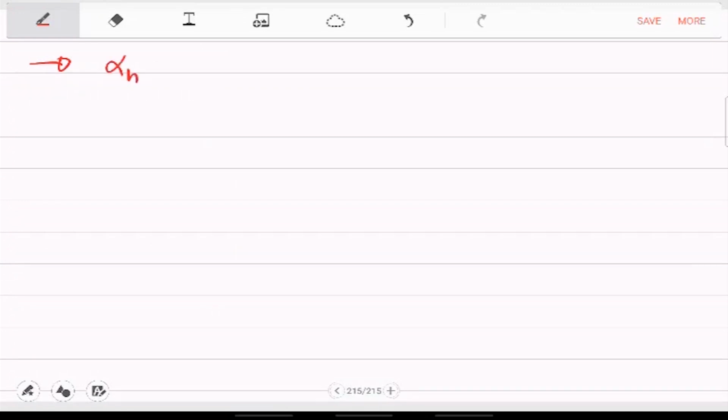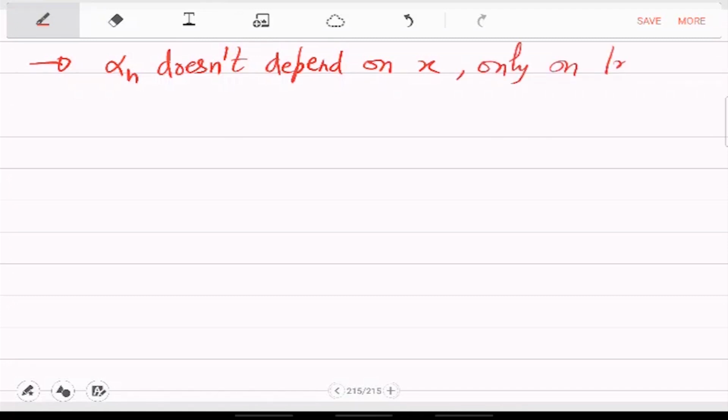So alpha n doesn't depend on x. It only depends on n, only on the length n equal to |x|. The same advice for all the inputs.